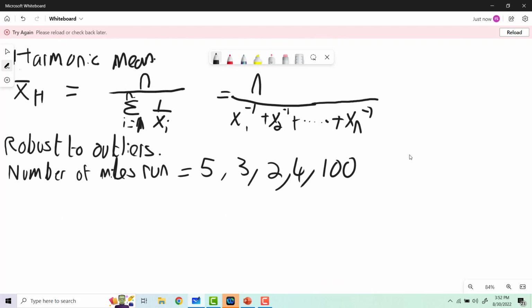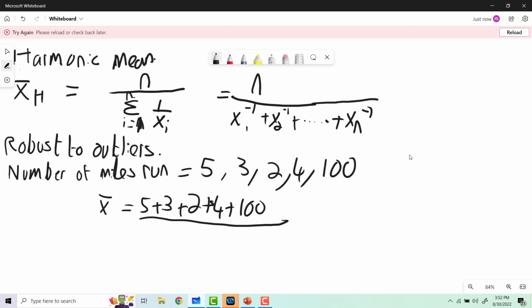Or perhaps I was supposed to type in 1 and I typed in 100. If I've got some sort of fitness algorithm, it might go completely off if it has 100 rather than 1. My standard x bar, my x bar arithmetic, would be 5 plus 3 plus 2 plus 4 plus 100, over 5, equals 22.8. So that 100 really drags it upwards.